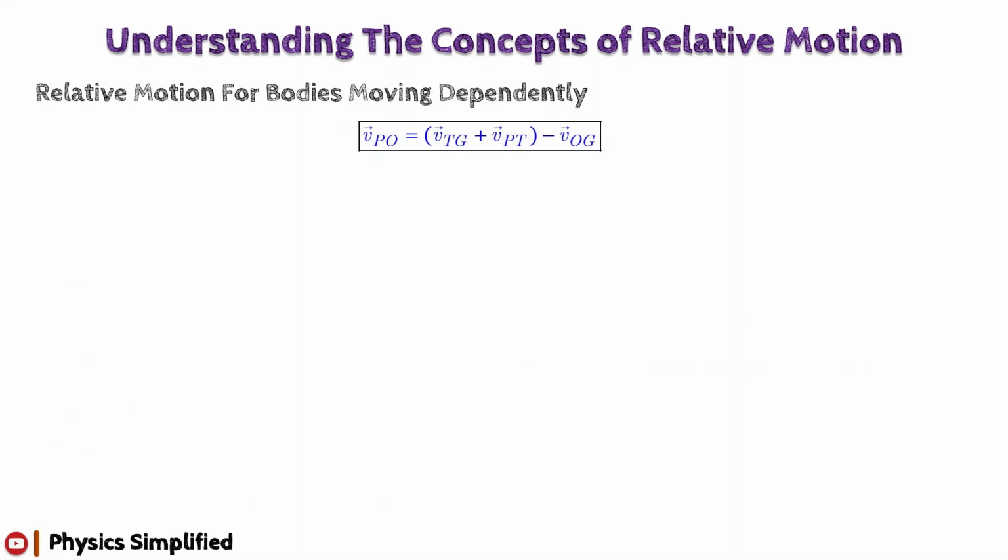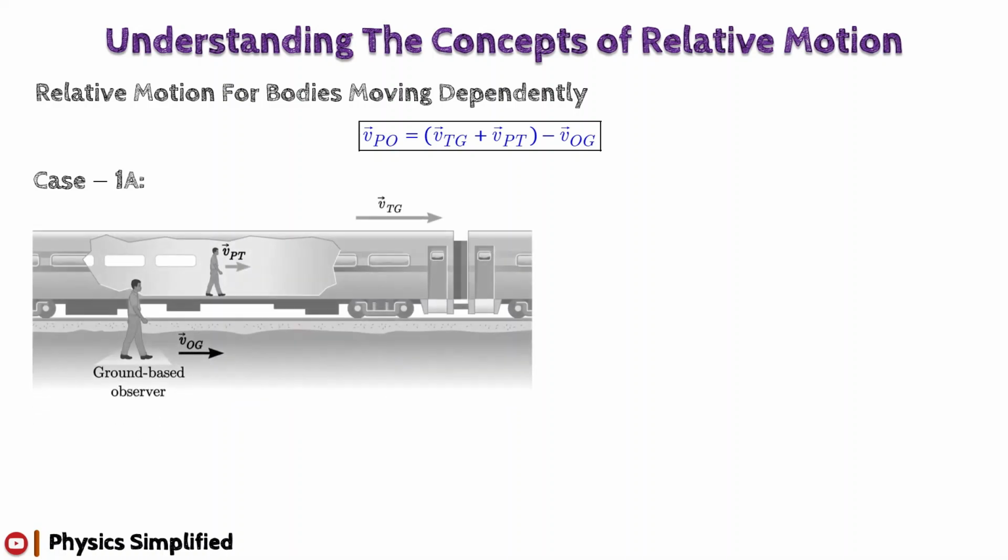Let us now find the expression of the velocity of the passenger relative to the moving observer in each of the 4 subcases. The situation of the first subcase is shown in the figure. Both the observer on the ground and the passenger inside the train are moving in the same direction as that of the train.